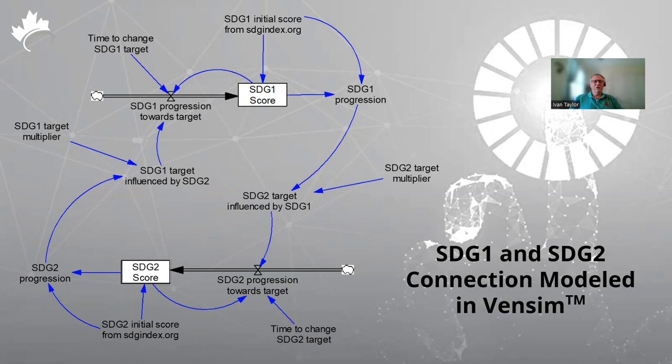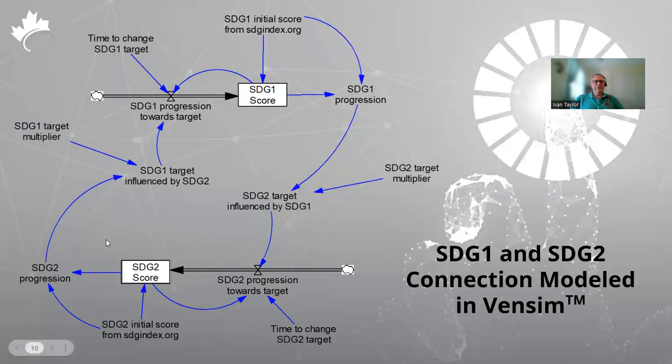Then we have a flow, which is the way the score changes over time. The concept we primarily used here was a goal gap paradigm, where we have a target and a time to change, and over time the goal score will move towards the target. This is what they call a goal gap model.